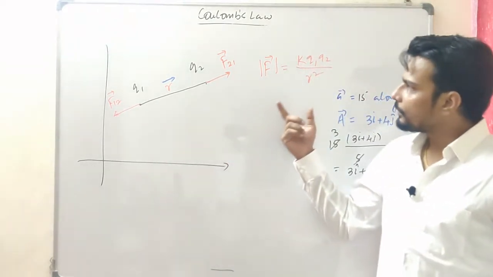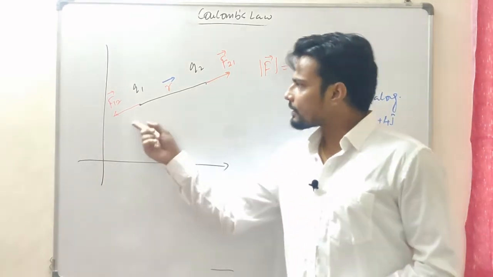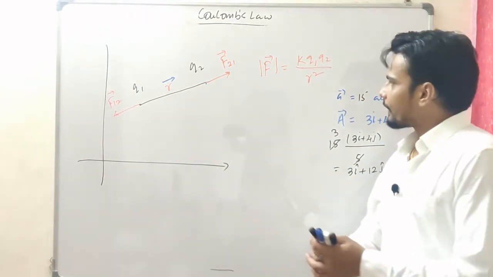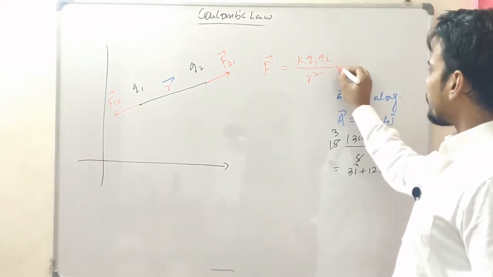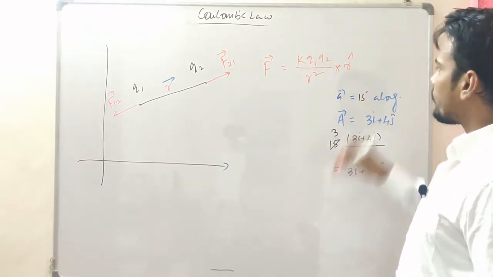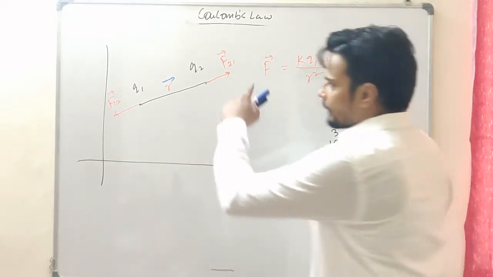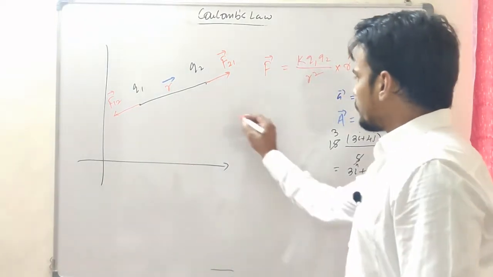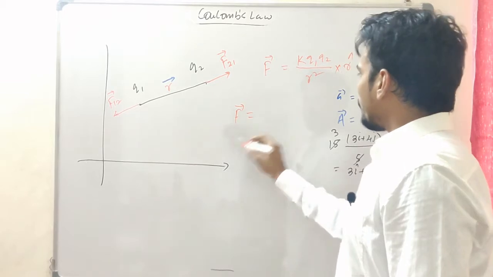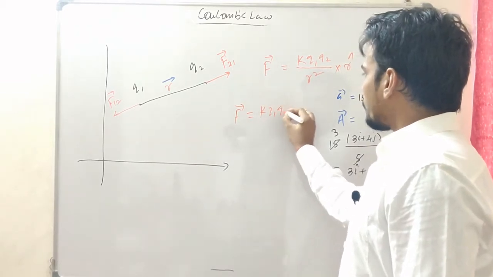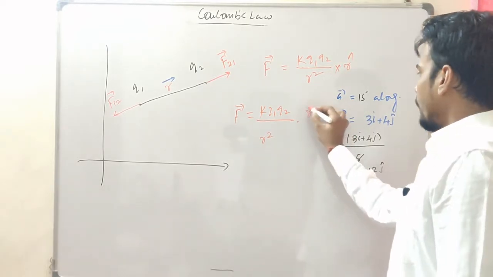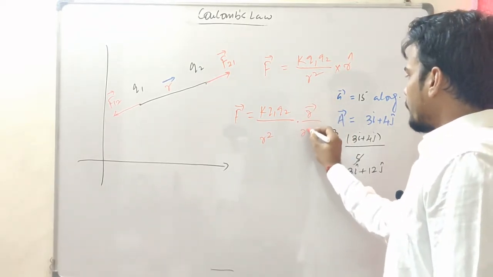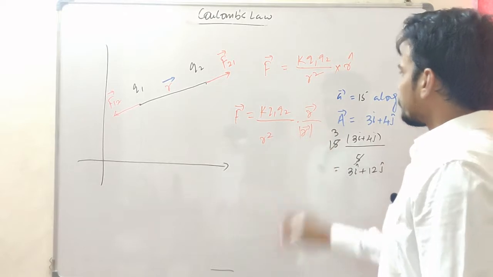It means if I want to know the vector along this of this magnitude, what exactly am I going to do? I would multiply this with the unit vector along the line joining q1 and q2. So that should give me F equals k times q1 q2 over r square into r vector over magnitude of r vector, right?